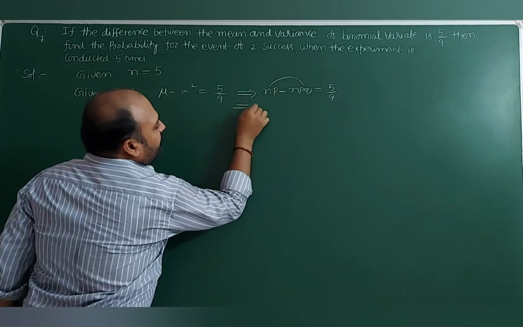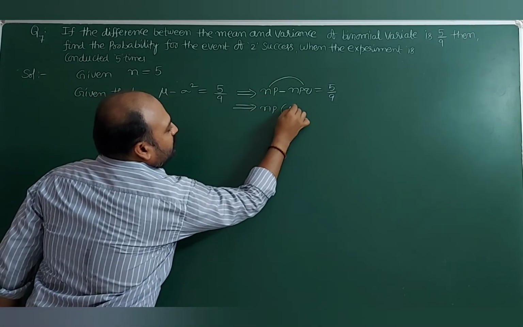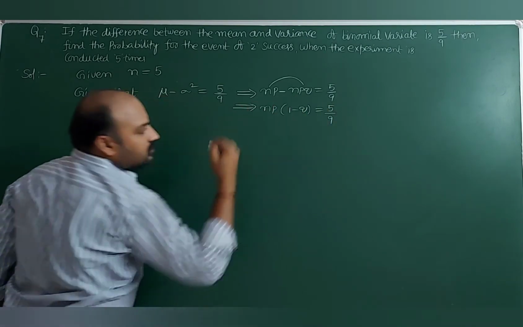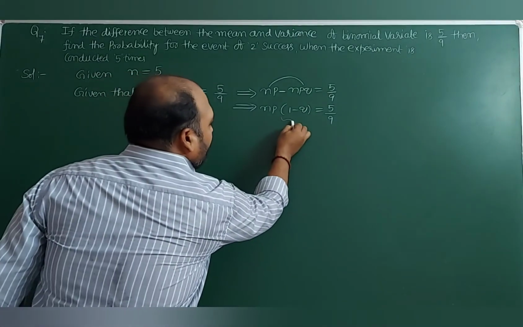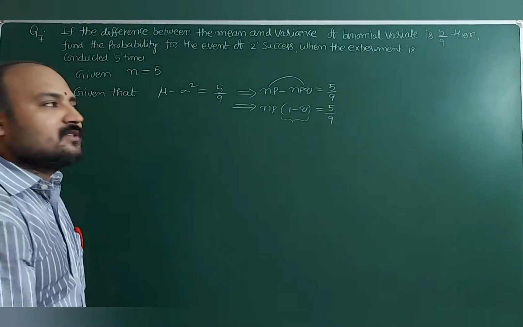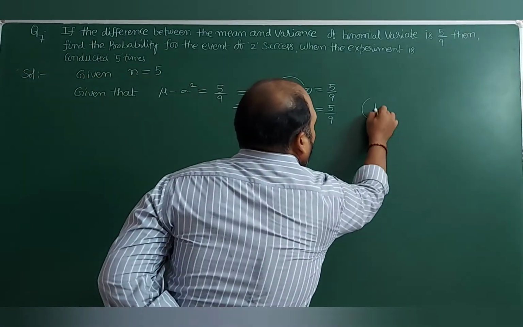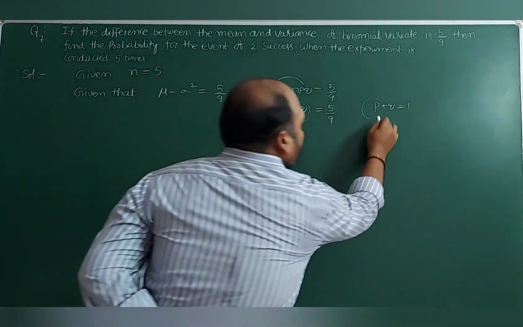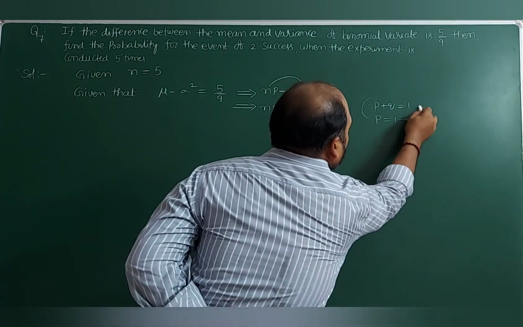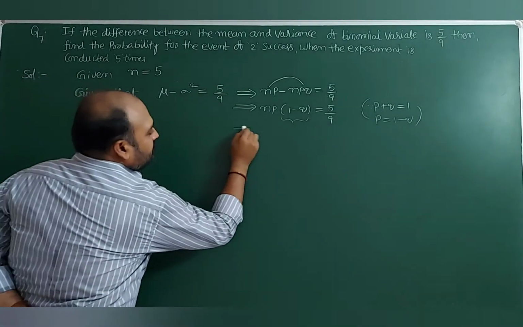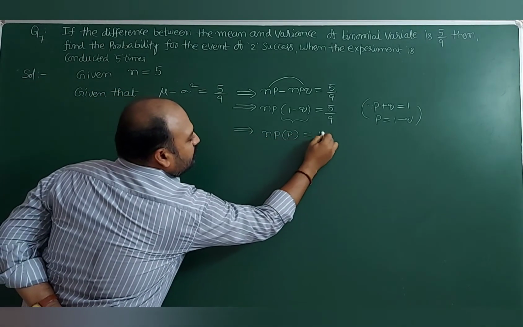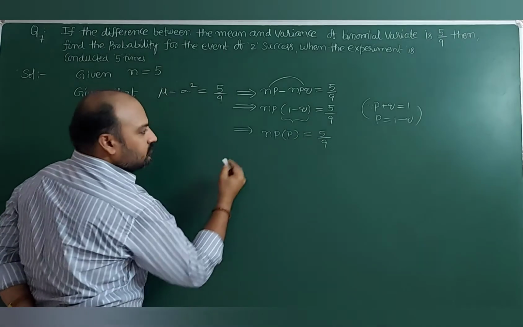Take common np from these two. np into 1 minus q is equal to 5 by 9. We know that 1 minus q is equal to p, since p plus q is equal to 1. So p is equal to 1 minus q. So that implies np into p is equal to 5 by 9.